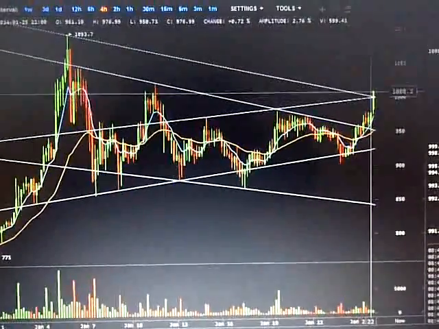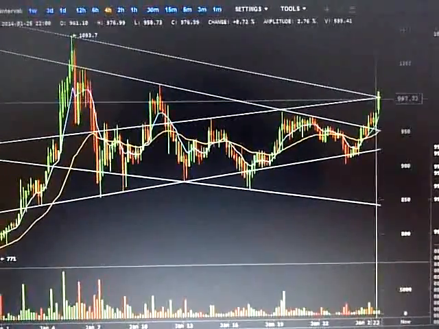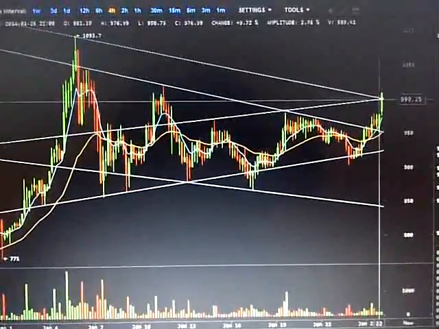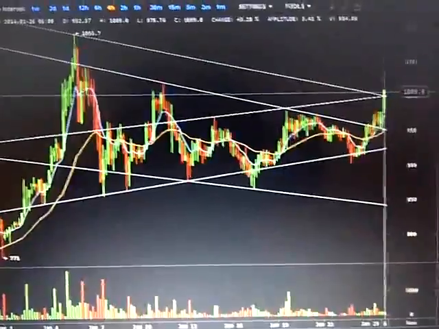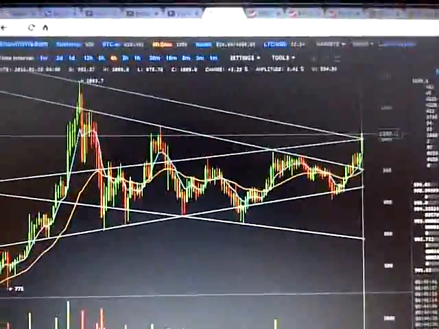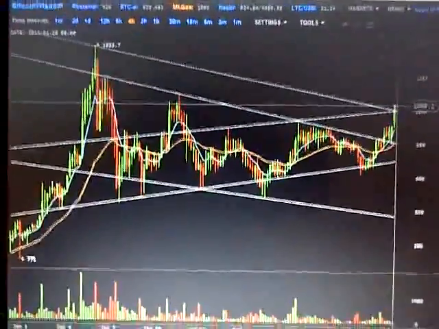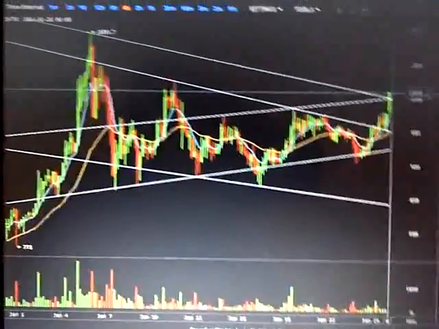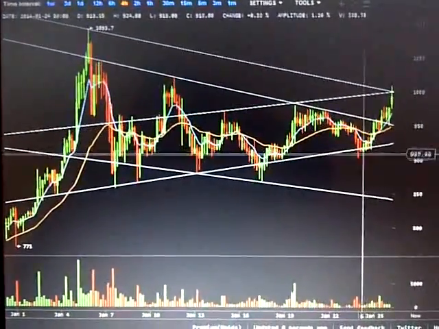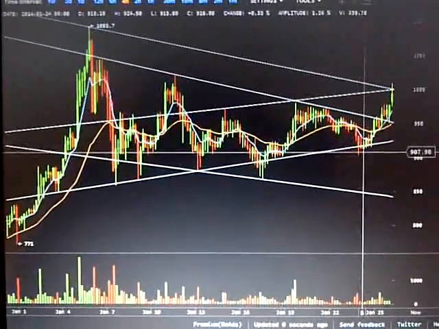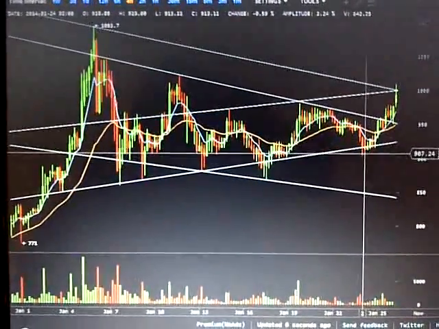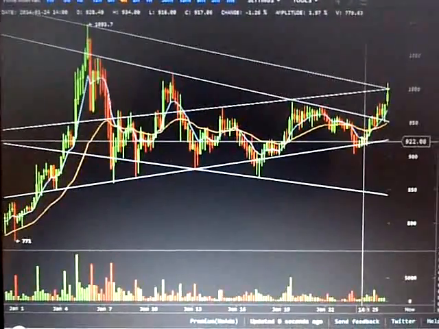So if it could finish above this, the uptrend looks like it's going to be still intact, which is great because if anybody took a chance right around here, that was a really good time to put a buy order in, or put a limit order in for a buy.